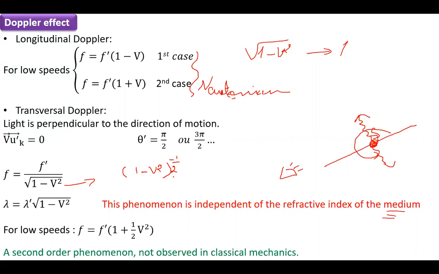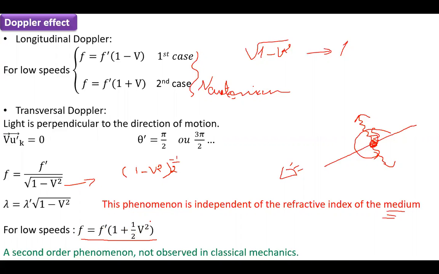So if you have the expansion, it is 1 plus half v squared, plus etc. You get very small quantities. We only take the second order quantity. So for low speeds, the approximation is f equals f prime times (1 plus half v squared).